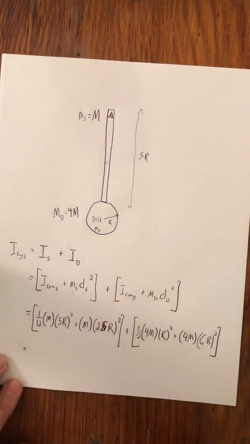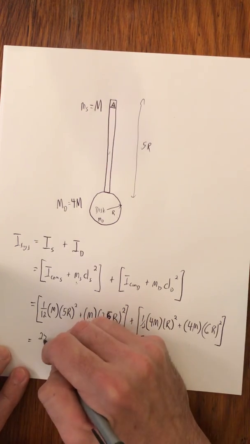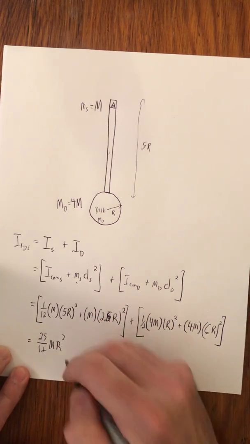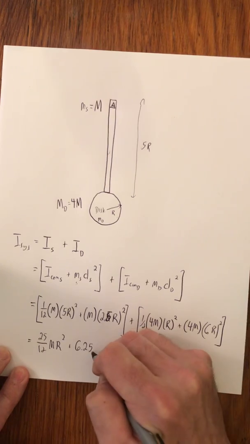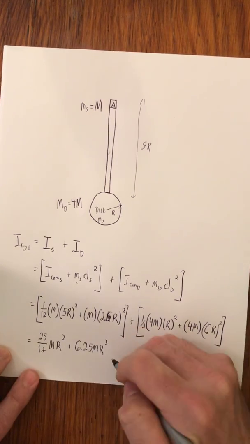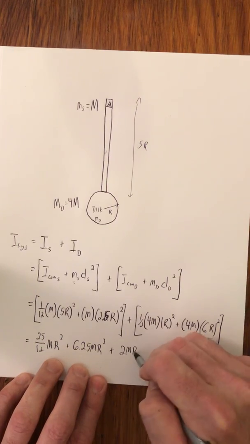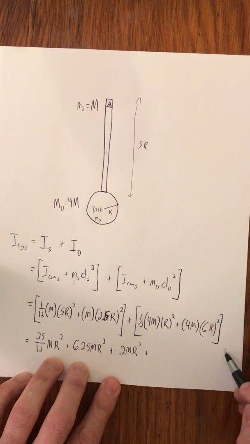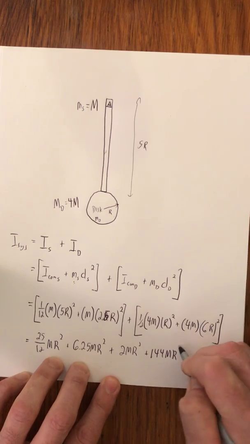And then we can just kind of put this all together. So this first term becomes 25/12 M R squared. The second one, 6.25 M R squared, plus 1/2 of that, that's 2 M R squared, and then plus, well, 36 times 4, 144 M R squared.